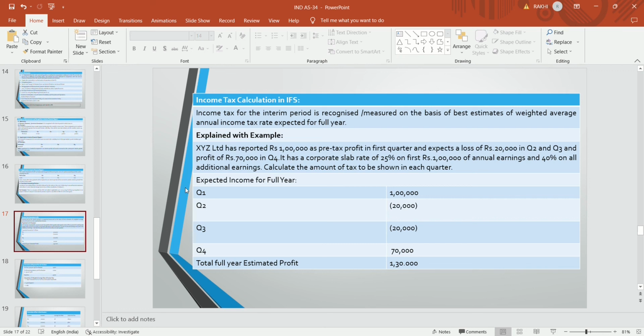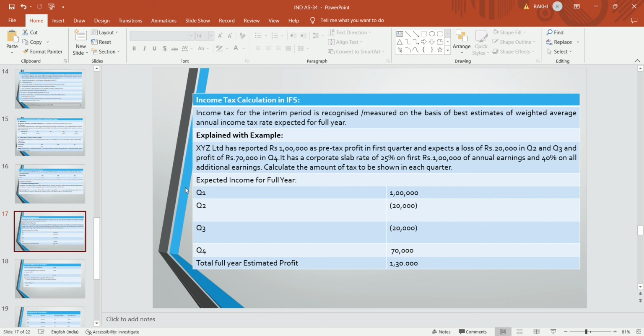Suppose XYZ Limited has reported rupees 1 lakh as pre-tax profit in the first quarter. In the next quarter they expect a loss of 20,000, in quarter 3 also a loss of 20,000, and in quarter 4 a profit of 70,000.